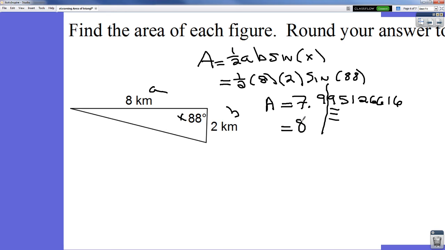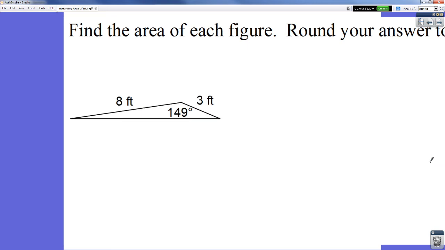That means this is going to be 8.0, and that is, the area is 8.0 kilometers squared. Yes. All right, last one. Again, give it a try on your own. Remember, you're rounding to the nearest tenth.